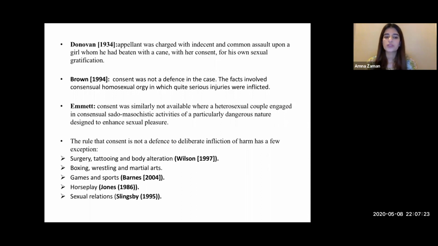Apart from that, games and sports. In games and sports, the courts have been very reluctant to convict the defendant, because when you become a part of the game, the authority of Barnes clearly highlights that by becoming a part of a sport, you impliedly consent to all the risks that may be a part of that sport. So consent will be a defense. For instance, if you're playing a football match, by agreeing to play the match, you have impliedly consented to all the normal risks.